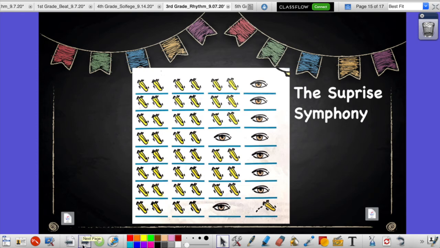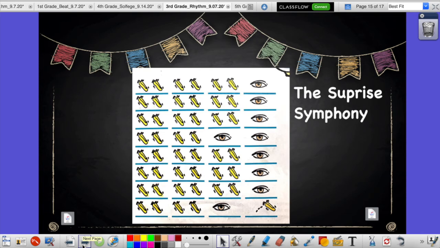Can you hear the difference between the 2? Listen to the first and then the second. You can tap along with me. Tiptoe, tiptoe, tiptoe, look. Tiptoe, tiptoe, look, look. That's very good.